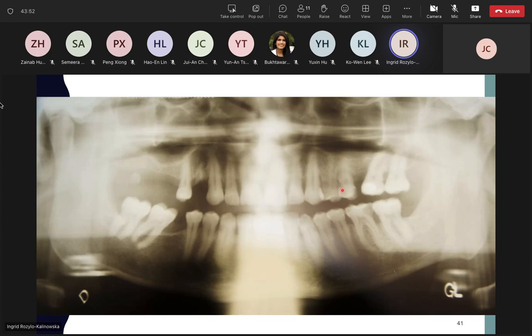It's difficult to see bony structure in posterior mandible because of the overlap of the shadow of contralateral side of the mandible. Then there is an overlap from the shadow of a cervical spine, so it's not possible to see anterior teeth at all.